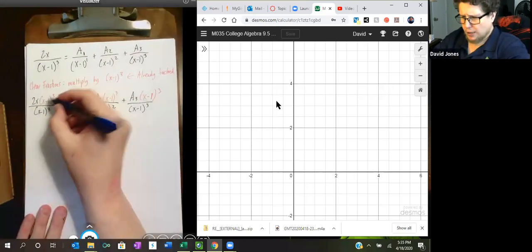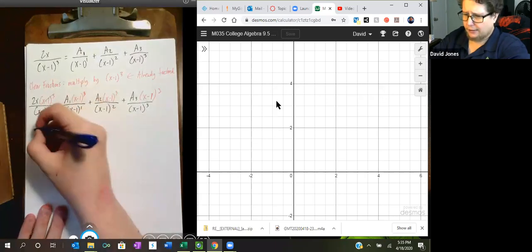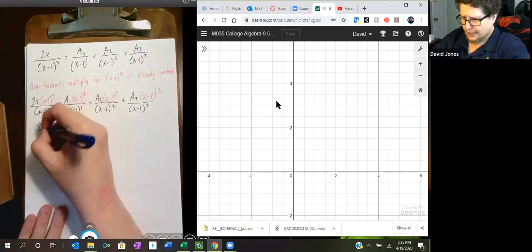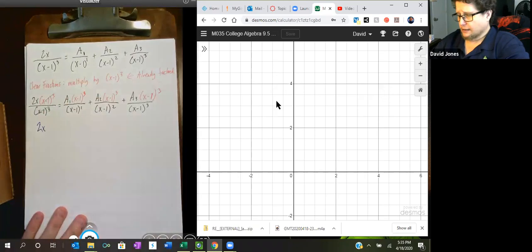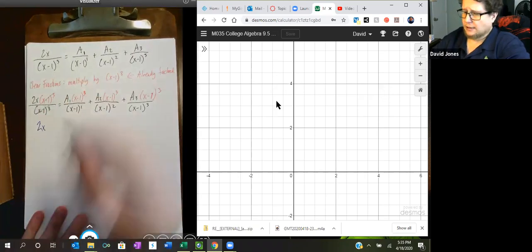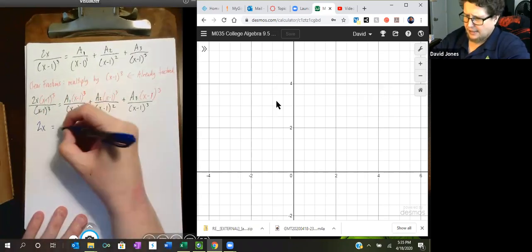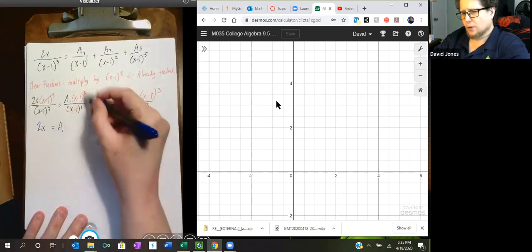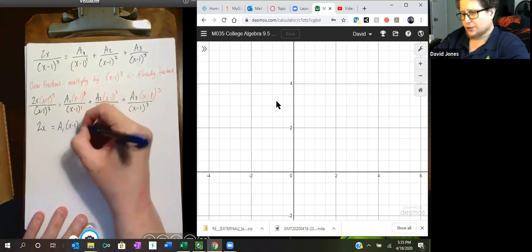So on the first one, the x minus 1 cubed clears, and we get 2x. Here, only one of them goes away, and I'm left with x minus 1 squared.